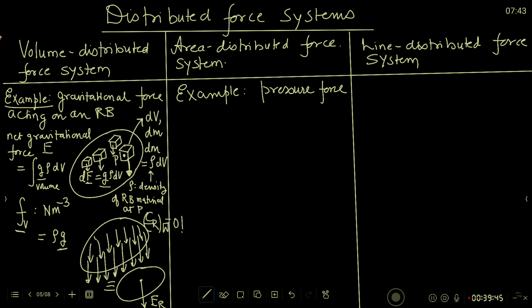So if I consider an RB which is exposed to ambient atmosphere, we know that ambient atmosphere has pressure, say Pa, which is Newton per meter square.